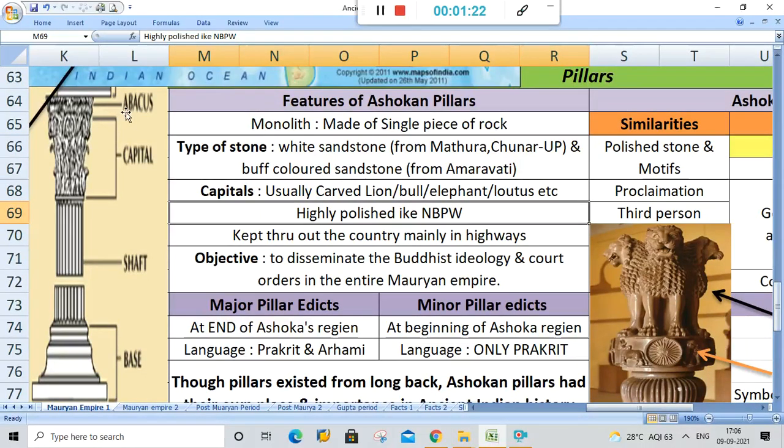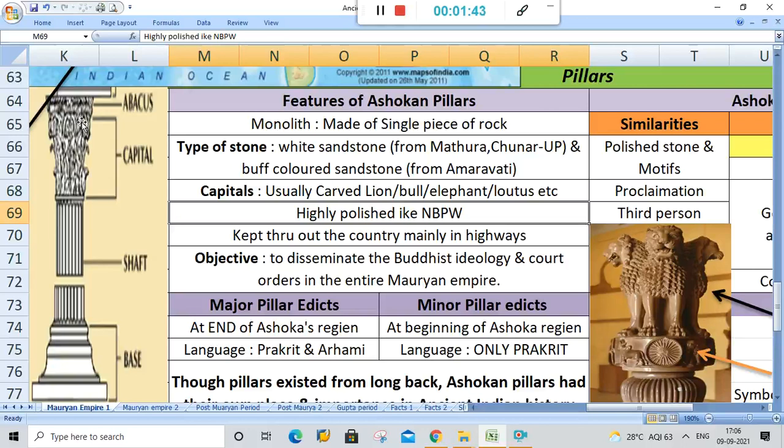The topmost is the abacus, the next part after the abacus is the capital, then the shaft, and the lowest part is called the base.